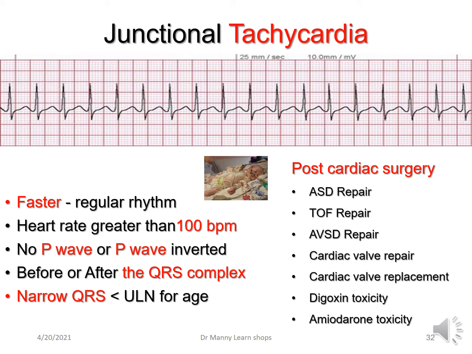But again, there's no P wave, or the P wave is located before or after the QRS complex, and it's inverted. And typically it's related to cardiac surgery, because these infants have got congenital heart disease. They require repairs.